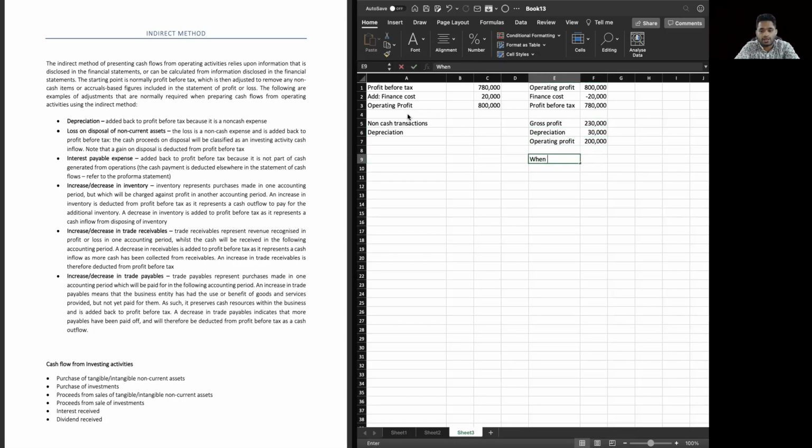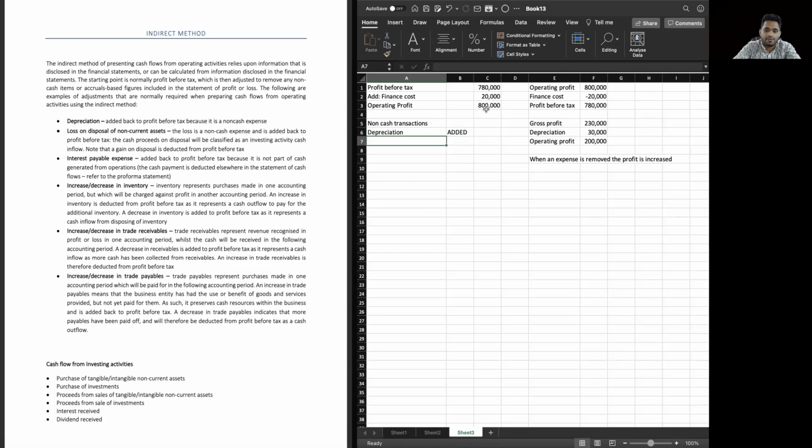When an expense is removed, the profit is increased. So when you remove the depreciation, your profit has to increase. So the depreciation charge will be added to your operating cash flow.